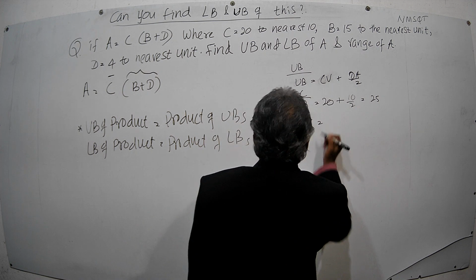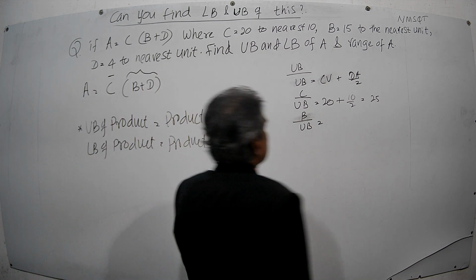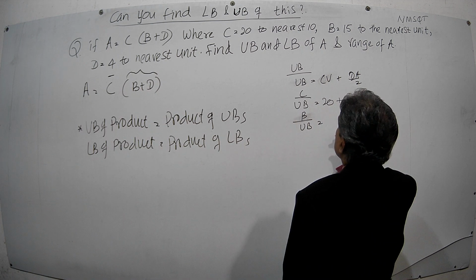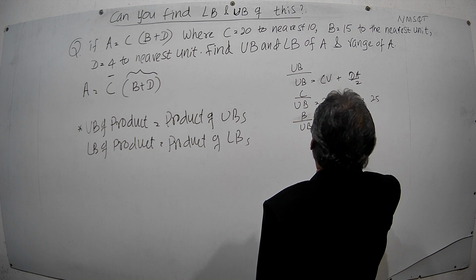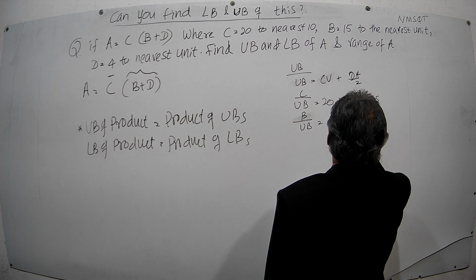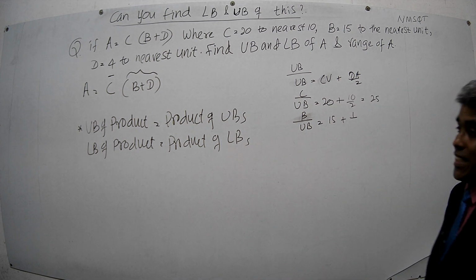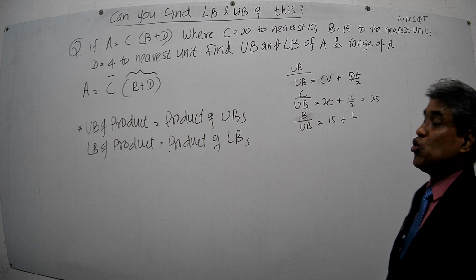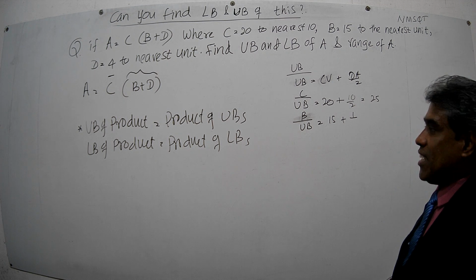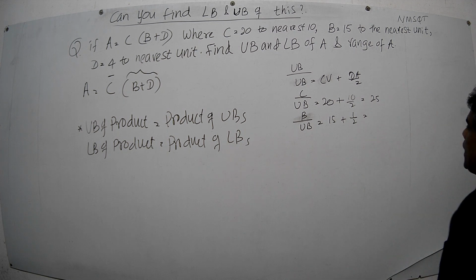Upper bound equals corrected value plus degree of accuracy over 2. Same principle applies. The corrected value of B is 15, to the nearest unit. Nearest unit means that the degree of accuracy to be used in the upper bound and lower bound formula is 1. That is 1 over 2 of the degree of accuracy. Then 15 and a half.